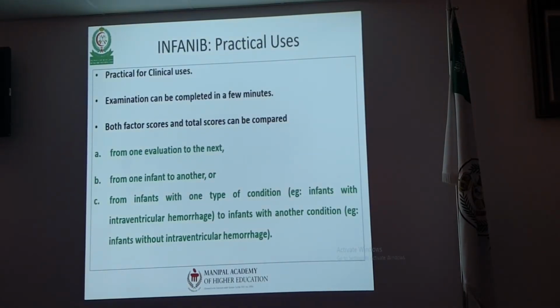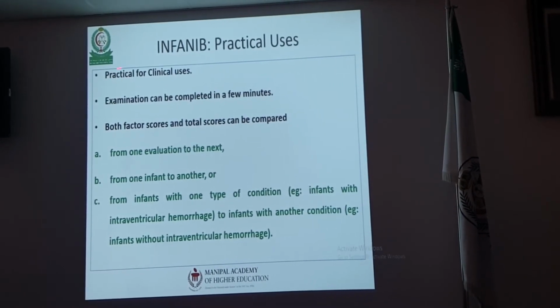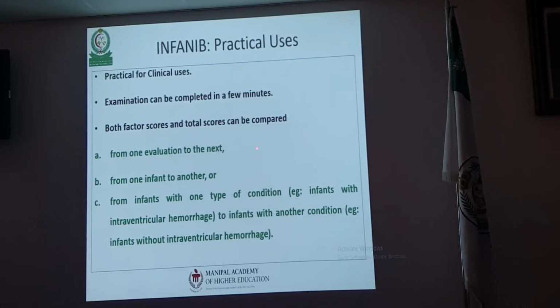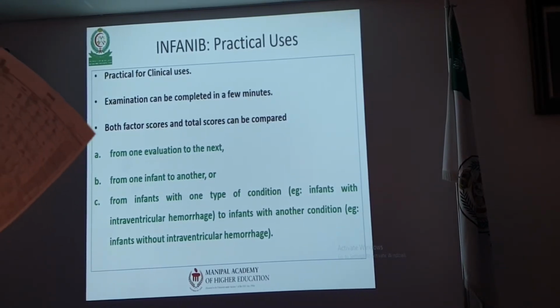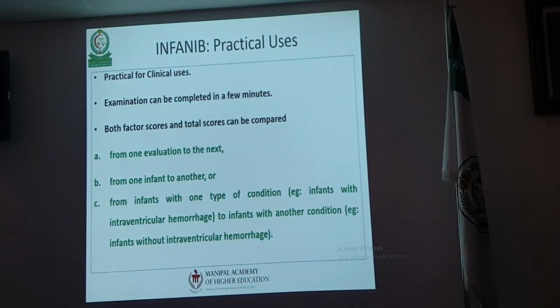Okay. So what are the practical uses? Is that clear so far? The practical use is for clinical application. It can be completed in a few minutes. And both factor scores and total score you can compare. Because down the page, when you go to the first page, you will get a factor score, and after the factor score you have the total score.